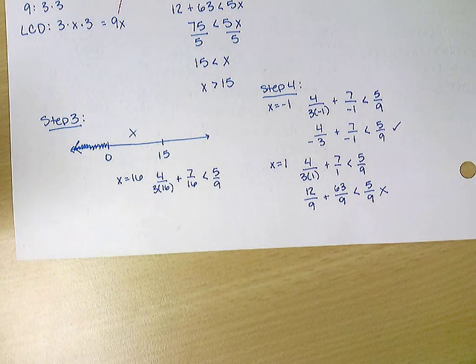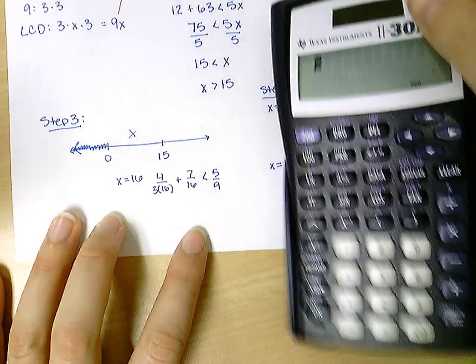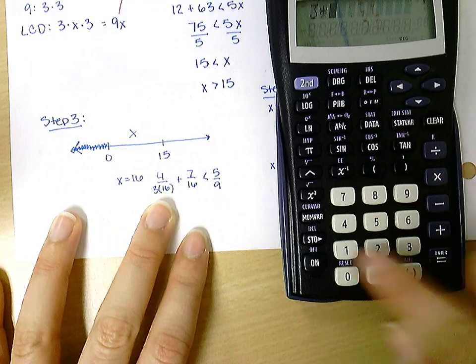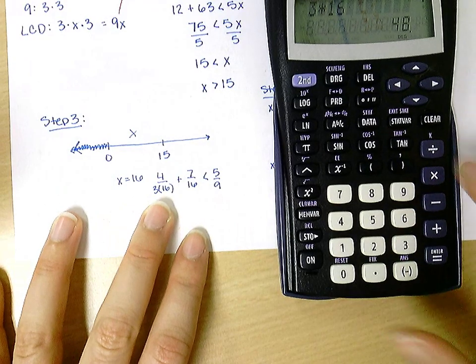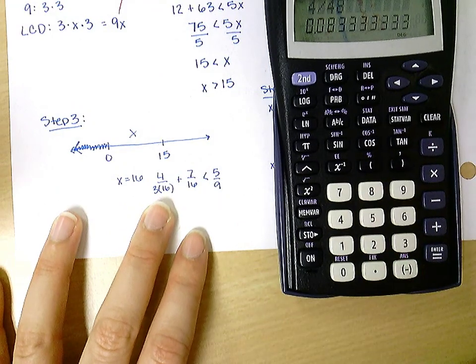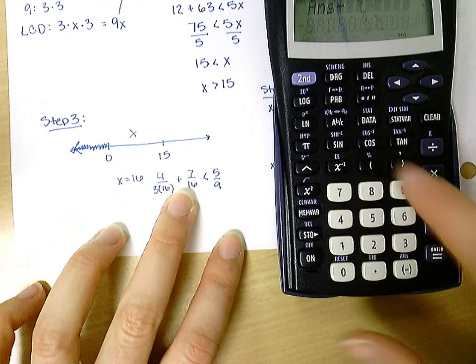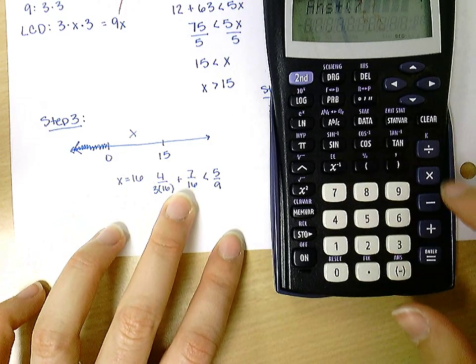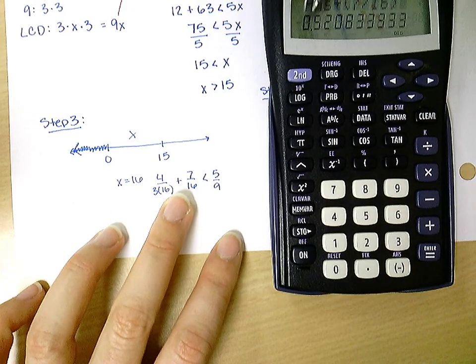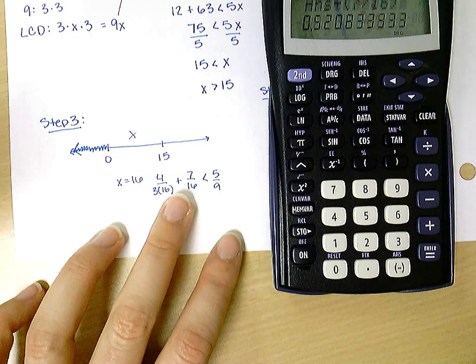Okay, and I'll let you enter it in a calculator if you have one. So if you have a calculator, you want to enter this. First, I need to know 3 times 16. Okay, that's 48. So if I take 4 divided by 48, and add on 7 divided by 16, I get about 0.521, right?